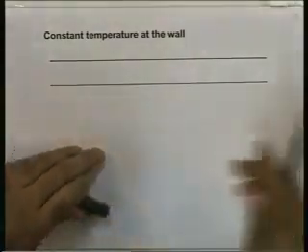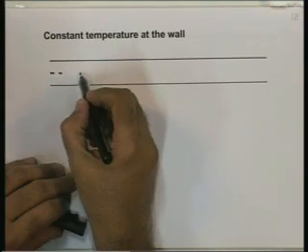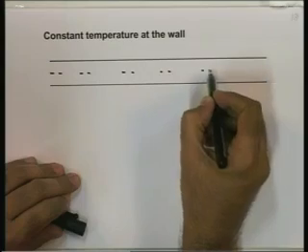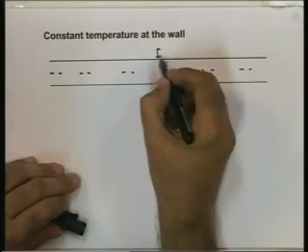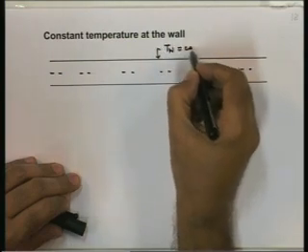And let us say, of course I should also show a center line. The wall is maintained at Tw, some fixed value.